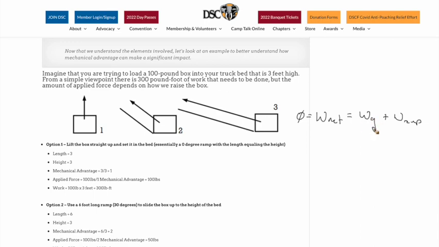The work that gravity attempts to do is to pull the box down. The work that you do with the ramp is to push the box up. So this is going to be equal to the force of gravity times the height, and this is going to be equal to the force that you applied, the applied force, times the length of the ramp, which we'll just call L. These two things are equal and opposite, so they have the same magnitude but different signs.